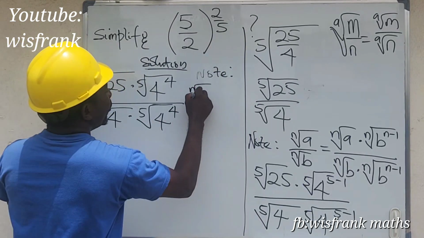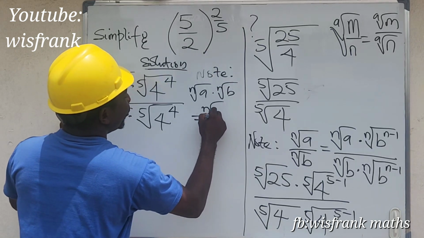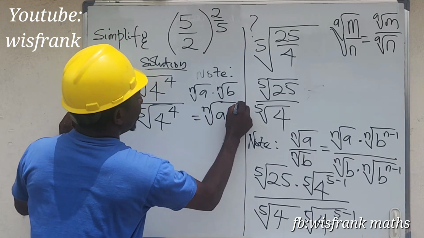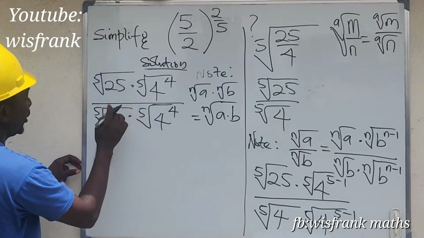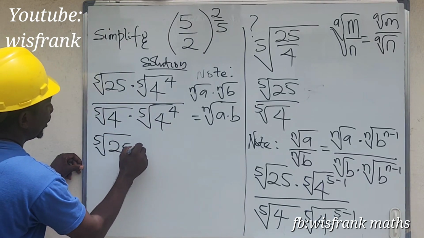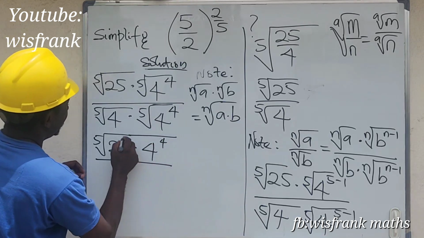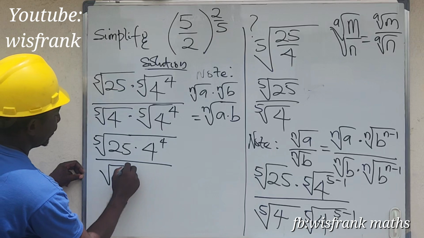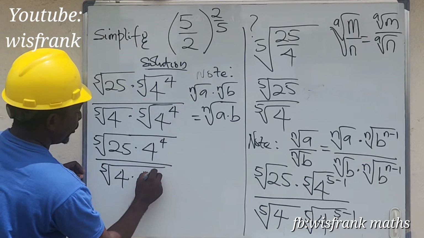In this case, we can rewrite this, as there is a note: when we have the n-th root of a times the n-th root of b, it is the same thing as the n-th root of a times b. So let's express this in this format. We have the 5th root of 25 times 4 raised to the power of 4, all over the 5th root of 4 times 4 raised to the power of 4.